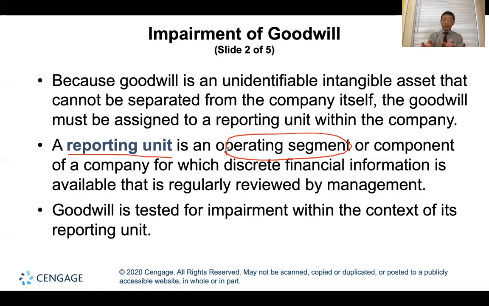One feature of goodwill is that it cannot be separated from its operating context. This operating segment is that operating context. So we use the reporting unit as a basis to review whether impairment happened or not.